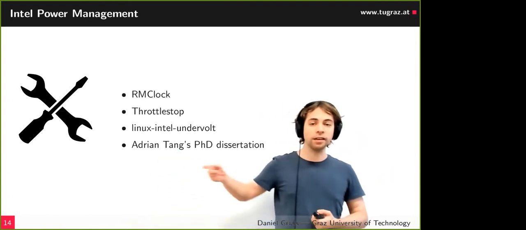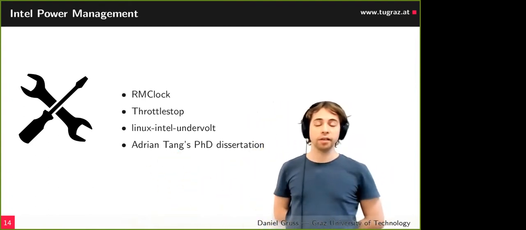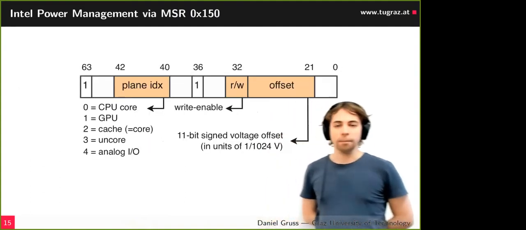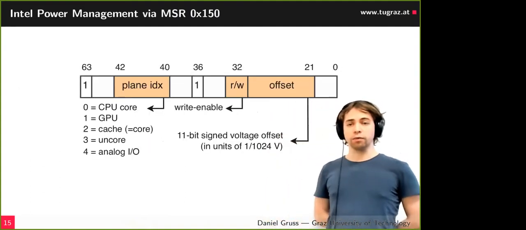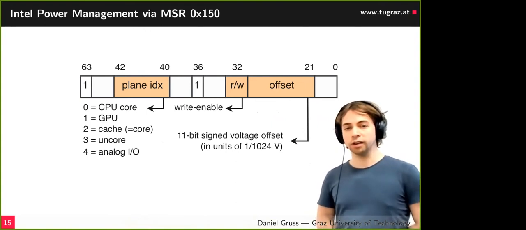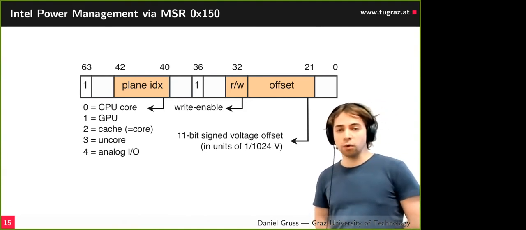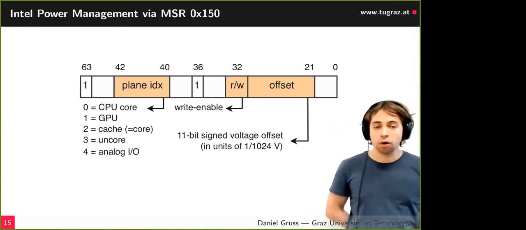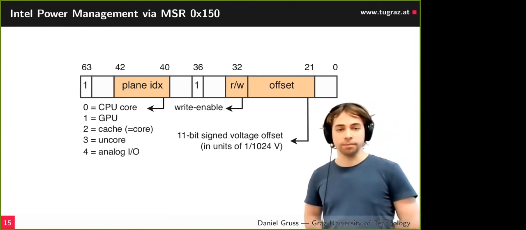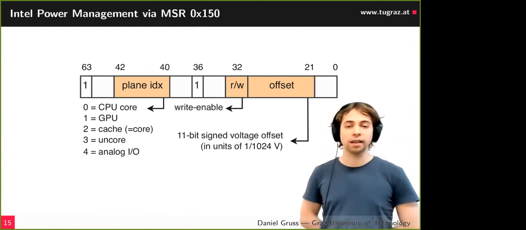And there's also a PhD thesis that describes these undervolting MSRs in more detail. Here's this MSR that we use for undervolting, MSR 0x150. And there we can change the voltage offsets, we can change the voltage planes and change it to a lower level so that we consume less power, creating less heat. But at the same time, this should have a similar effect as overclocking.